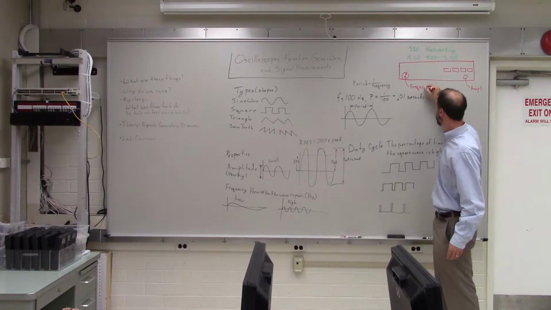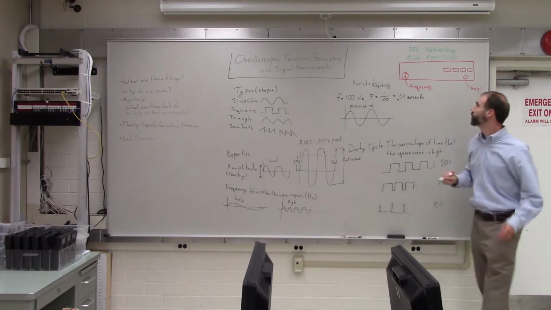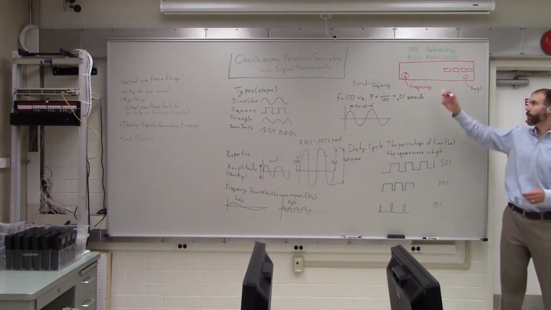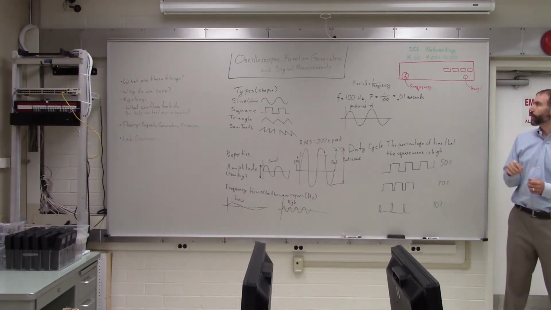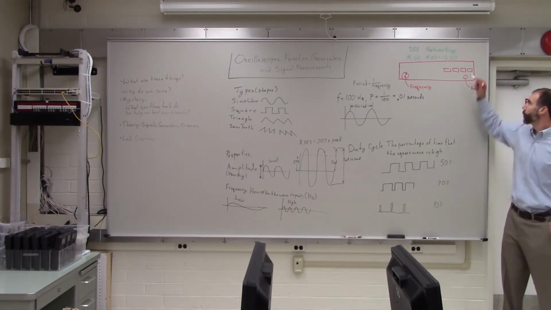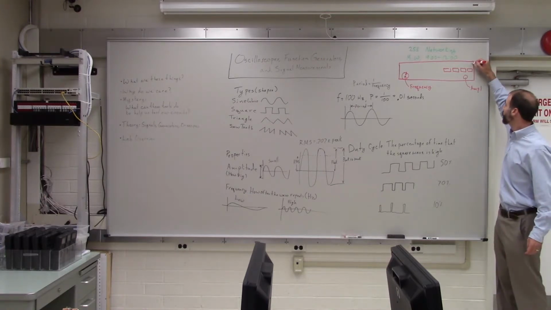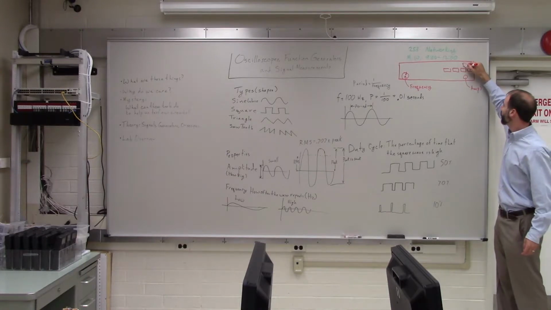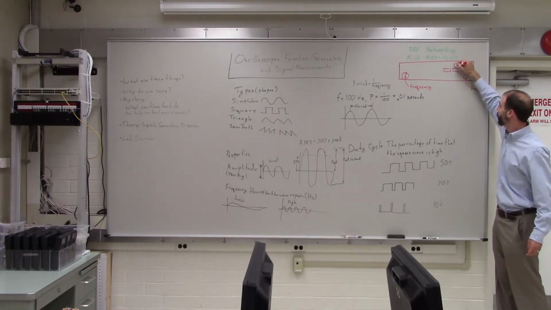You turn that one way and the frequency goes higher. Turn it the other way, the frequency goes lower. And there are frequency ranges as well. These buttons along the top of your function generator are the frequency ranges.